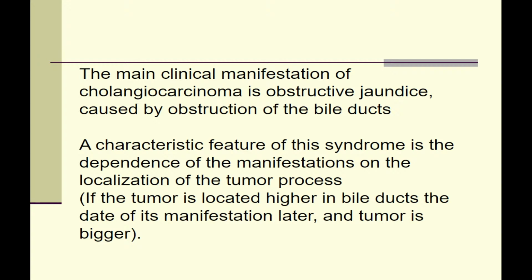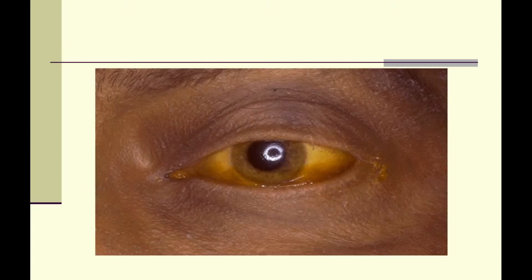If the tumor is located higher in the bile ducts, the date of its manifestation is later, and the tumor is bigger. Now patient with jaundice.